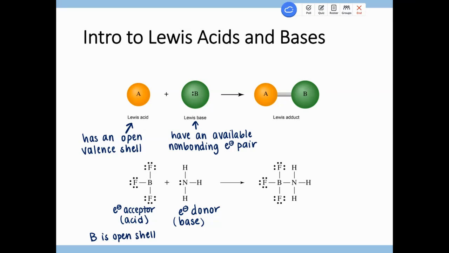So just wrote a few notes there. Boron is open shell. That makes this molecule the acid, the electron acceptor, and then nitrogen is the electron donor.